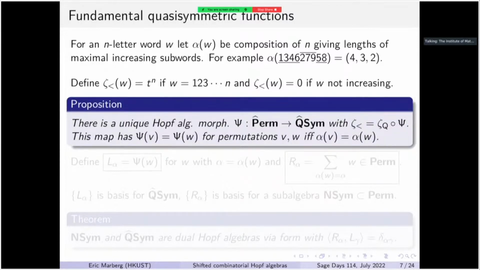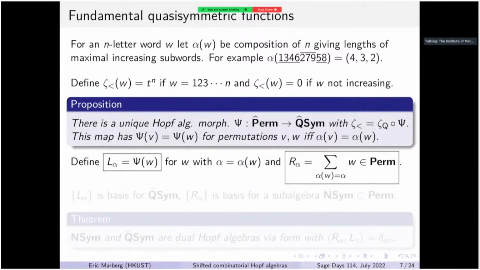And so as a consequence of the theorem on the previous slide, there is a unique Hopf algebra morphism from this Hopf algebra of permutations to quasisymmetric functions that satisfies this relation. And in fact, by looking at the formula for this psi, you can show that two permutations have the same image if and only if their associated compositions are the same.